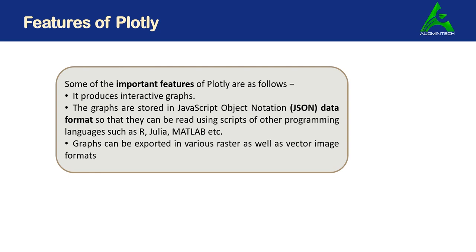Plotly's Python graphing library makes interactive publication quality graphs. Example, how to make line plots, scatter plots, area charts, bar charts, heat maps, histograms, box plots, subplots, multiple axis, polar charts, and bubble charts.